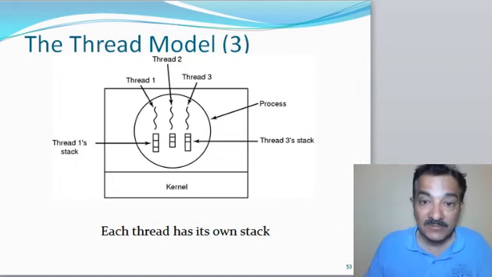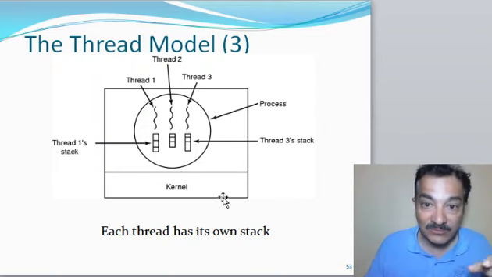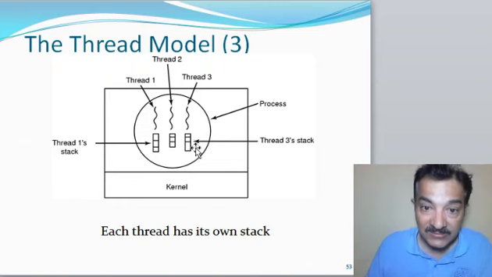Here there is another picture which shows the stack. There is thread 1, thread 2, thread 3. These are all inside one process. This is the kernel, this is the OS. So there is one process which has 3 threads, but thread 1 has its own stack.